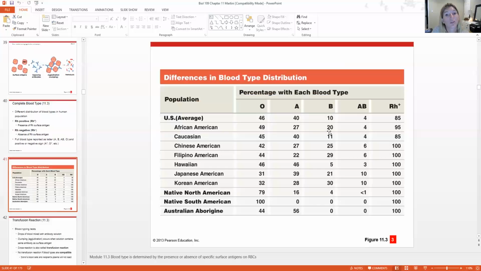It's pretty rare, which is why the Red Cross calls me all the time to tell me that they need my blood. But look at this. People that have blood type O are very common, almost 50%. Look at Native North Americans, 79% are all type O blood. So it's strongly related to heritage. If you look at AB blood, it's relatively rare. B is also relatively rare. Blood type A and blood type O are fairly common.